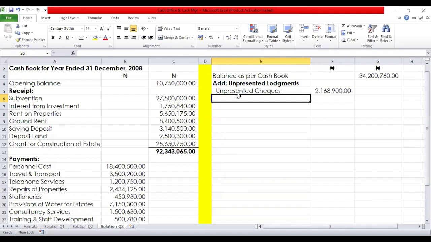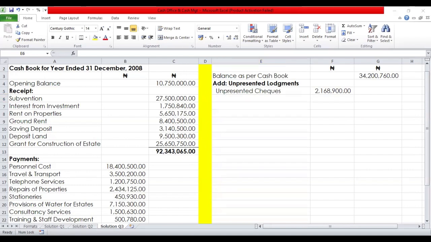In another way now, what do you think will also increase the money that's supposed to be in the organization? Look at the question. Check your additional information.